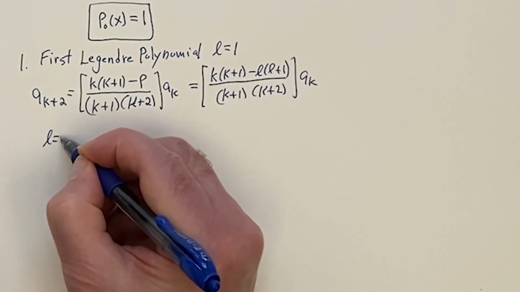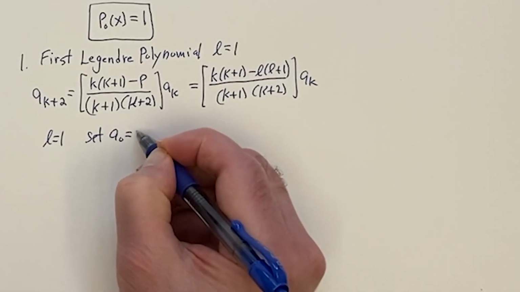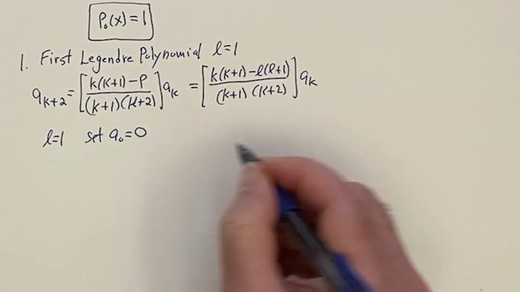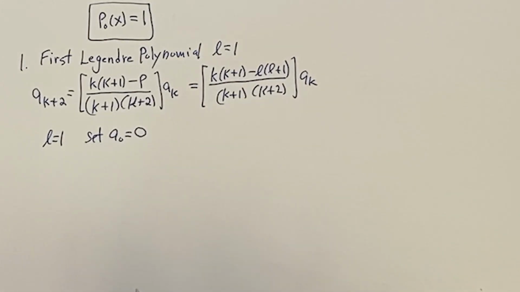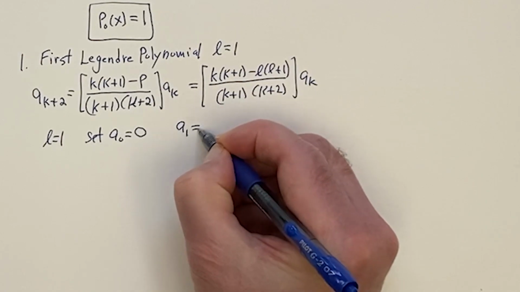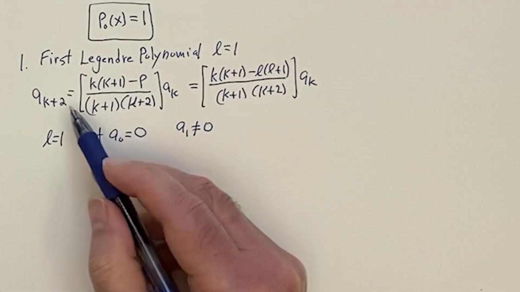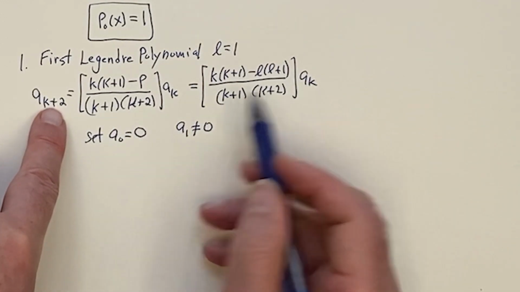So here's what we do. When L is equal to 1, we set the even one equal to 0, since we don't want to have the even ones go on for infinity. There's going to be the odd ones. And since A1 is not equal to 0, and remember, this is going to pick up when you have an even, this will be the next even.